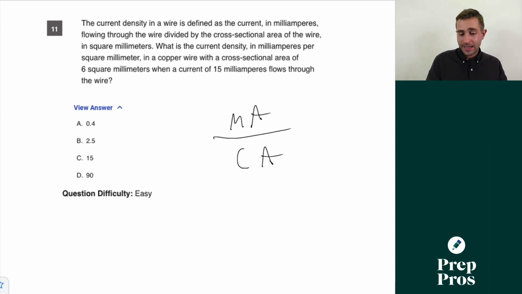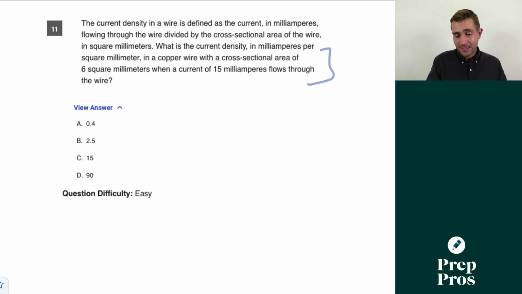What is the current density in milliamperes per square millimeter in a copper wire with a cross-sectional area of 6 square millimeters with a current of 15 that flows through the wire?